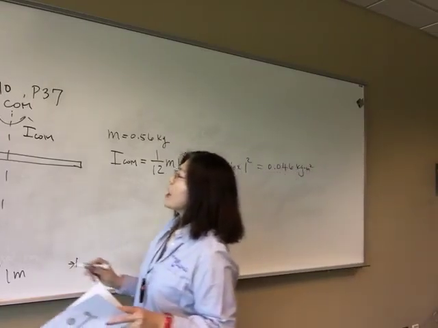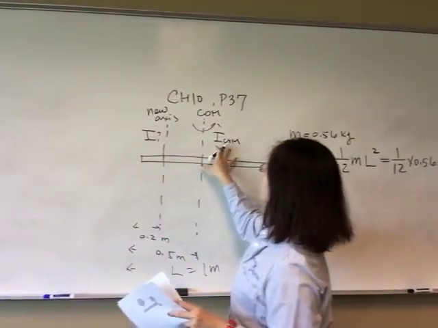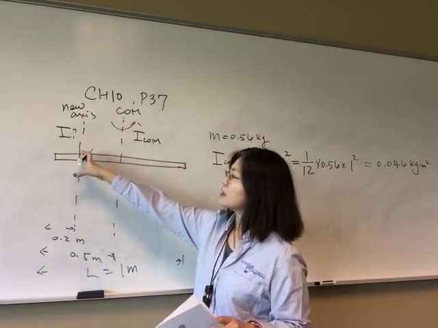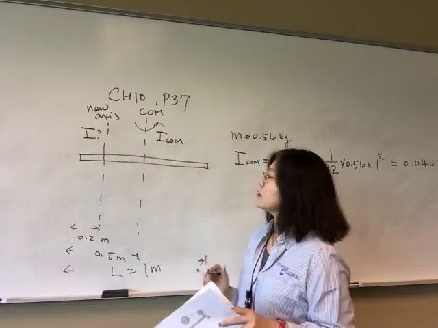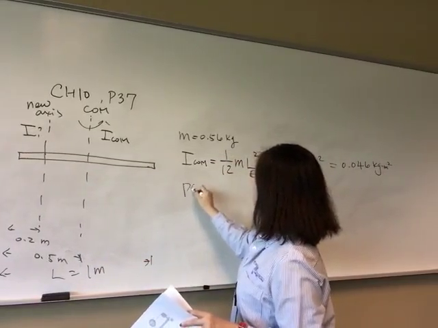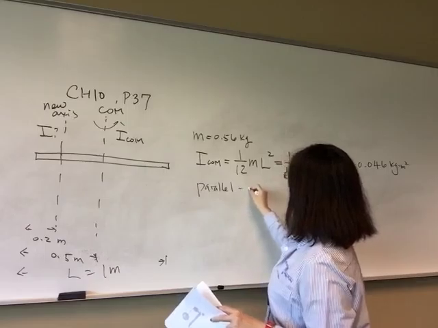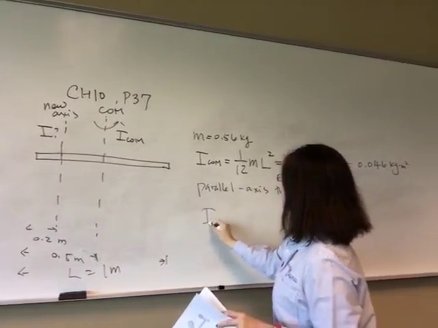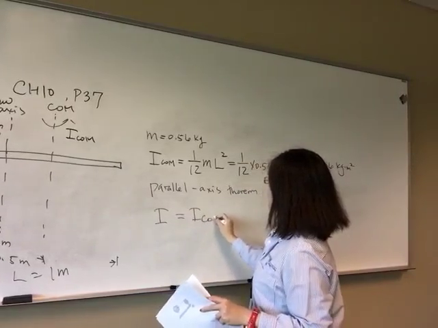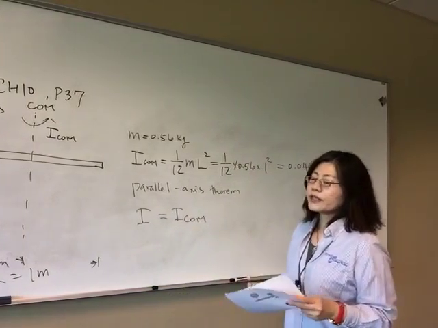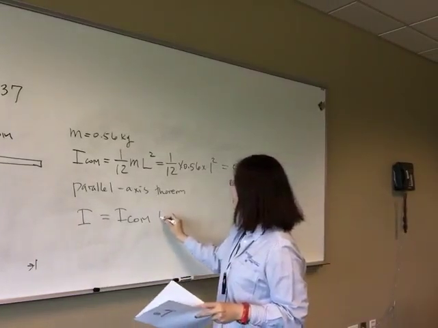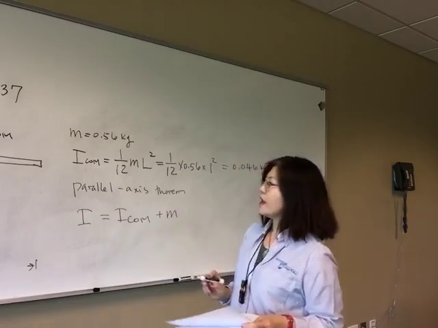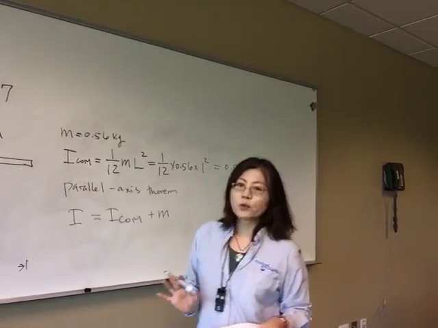And then, how do we account for the modification to the I_COM so that you get your new rotational inertia when the rotating axis is at some point away from the center of mass? So using the parallel axis theorem, the new I is equal to the rotational inertia through the center of mass, plus the mass of the object times the separation between them squared.